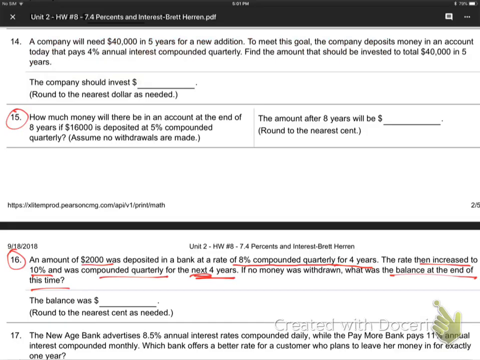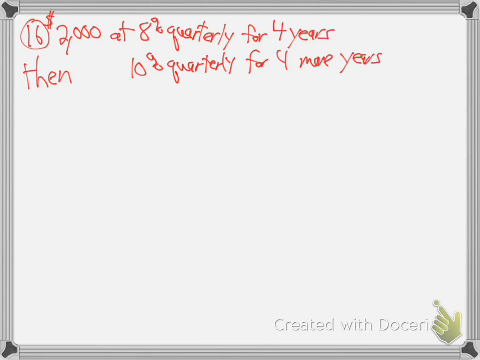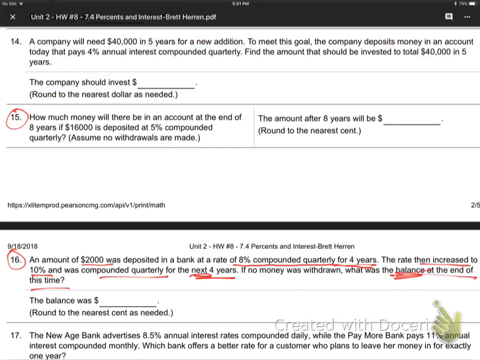Did I do that right? 2,000, 8% quarterly for 4 years. Then, same thing, 10% quarterly for 4 more years. And what's the balance at the end?